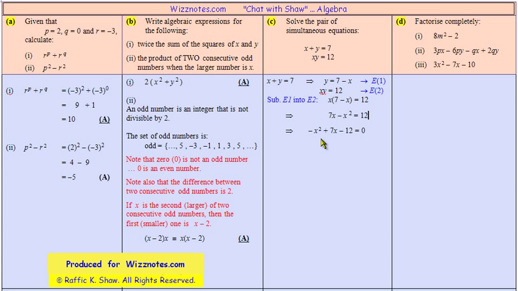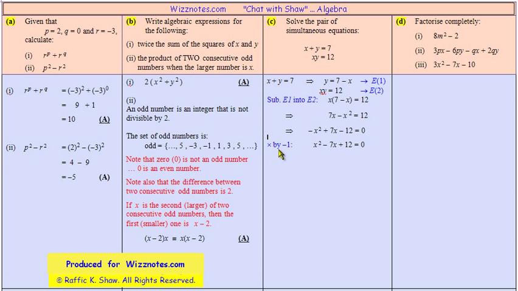But we're going to make it a little more user friendly in terms of how we solve it. We're going to make the coefficient of the x squared term positive, and to do that we simply multiply the equation by negative 1. When you multiply an equation by a constant, you multiply each term in the equation by that constant. So that is what we're going to do next.